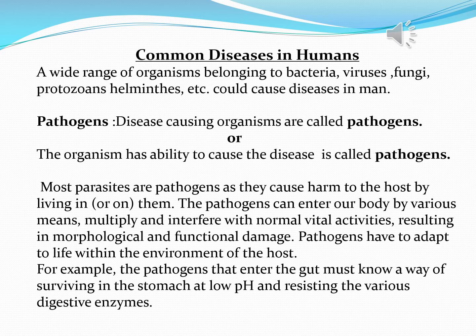For example, pathogens found in the intestine have to survive in the stomach at low pH and show resistance to various digestive enzymes. So after entering our body, they go for multiplication and disturb our normal activity.